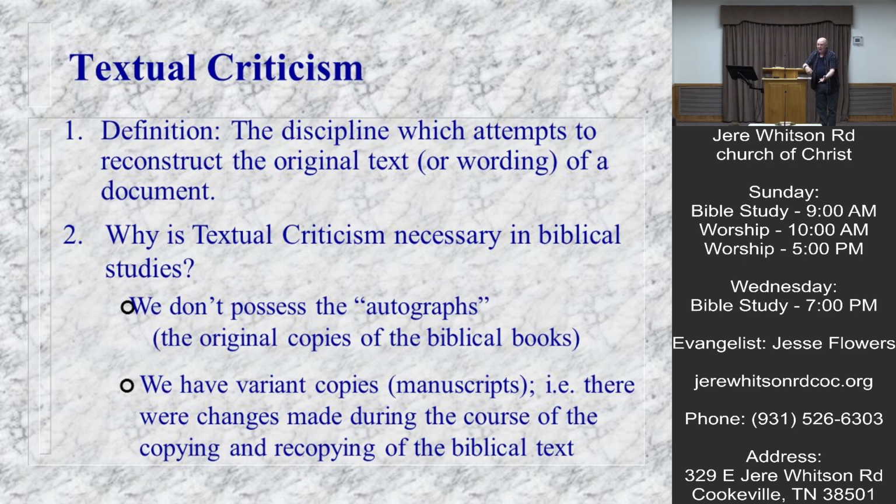Those experts, scholars, their job is to go in and, like detectives, look at all the data available to try to decide from the copies what was the original language, the original words, because the Bible is verbally inspired. What were the original Greek, Hebrew, Aramaic words that were used by the original authors, based on the copies and the evidence of the copies that we have?